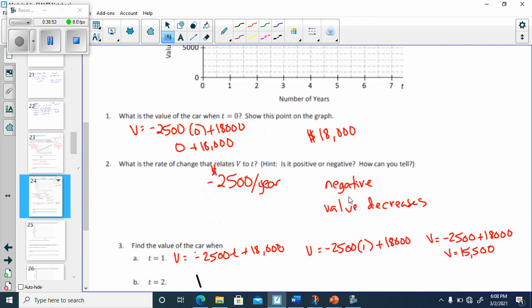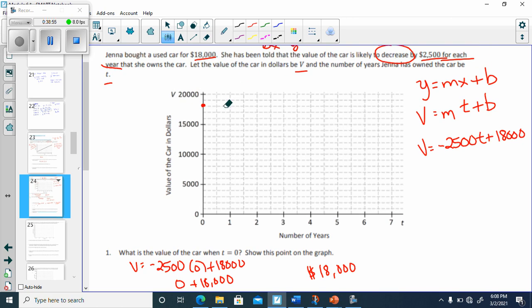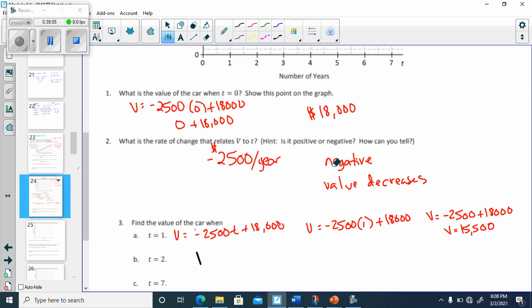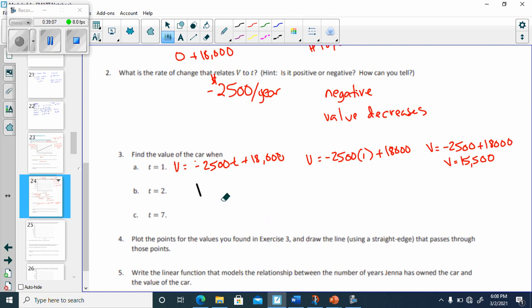In fact, I'm going to plot this up here. At the first year, the value is going to be 15,500. So that would be right about there, right? Okay. What about after the second year? That value is going to be equal to negative 2,500. It's going down $2,500 each year for 2 years. It started at 18,000, didn't it?